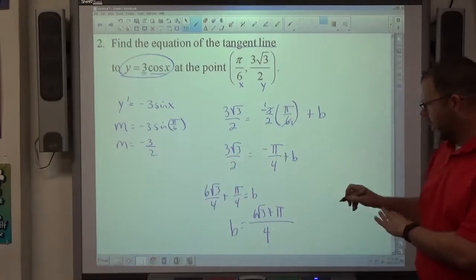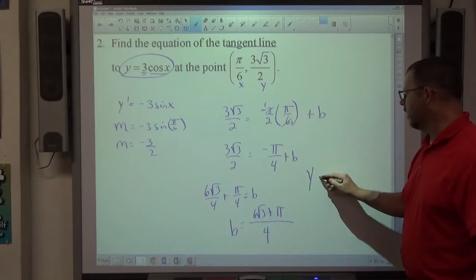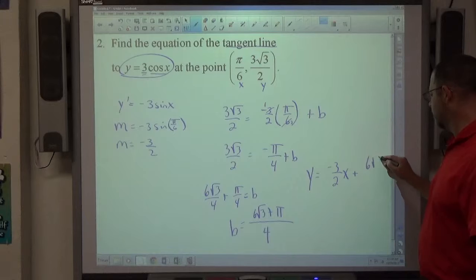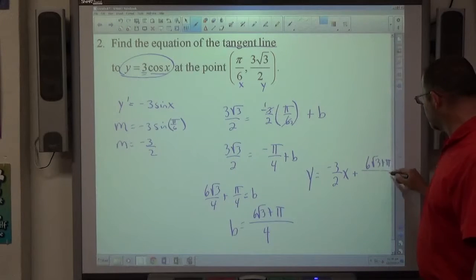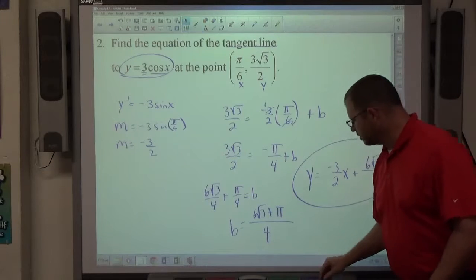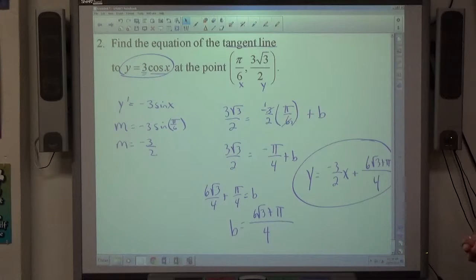Slope negative 3 halves, y-intercept that, so y equals negative 3 halves x plus 6 square root of 3 plus pi all over 4. I would much prefer an exact answer to an approximate answer. I think you guys can all handle that, so expect to get to that point on the test.